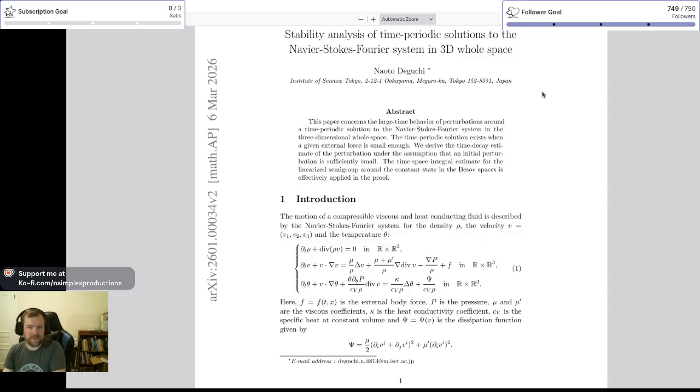We derive the time decay estimate of perturbation under the assumption that an initial perturbation is sufficiently small. Time-space integral estimate for the linearized semigroup around the constant state in the Besov spaces is effectively applied in the proof. No idea. But it's all good.